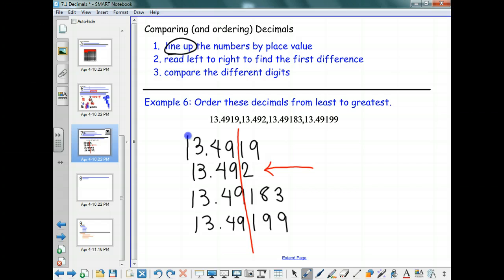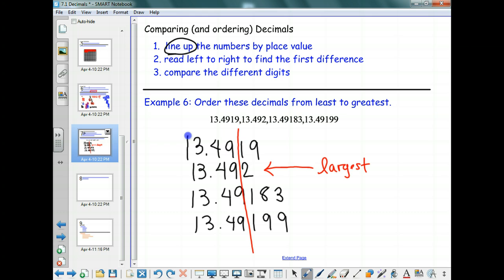The rest of them all match still. I don't have a comparison finished for those parts. But what does that tell you about my second number? It's the biggest because the 2 is larger than 1, right? Yeah. So this is my largest. We'll write them in order in a minute, but that's my largest.